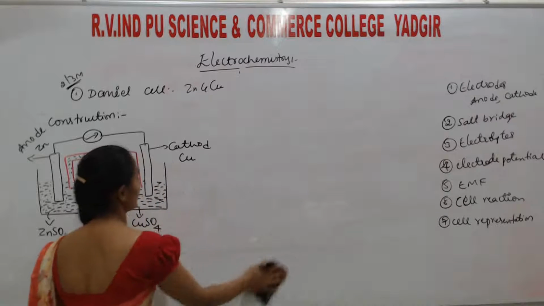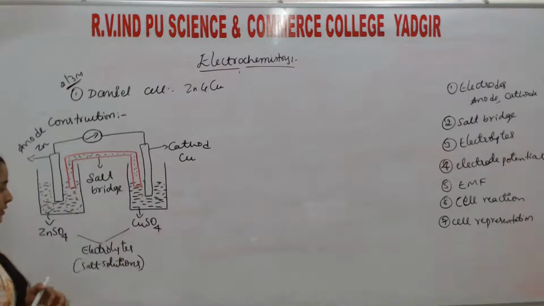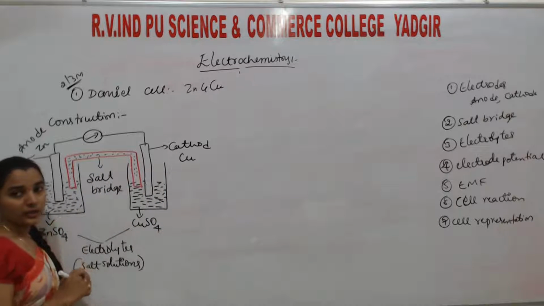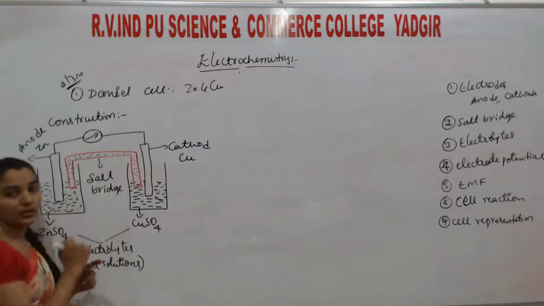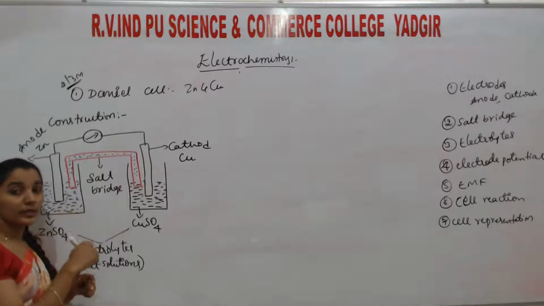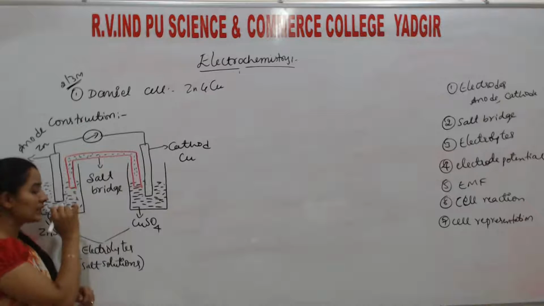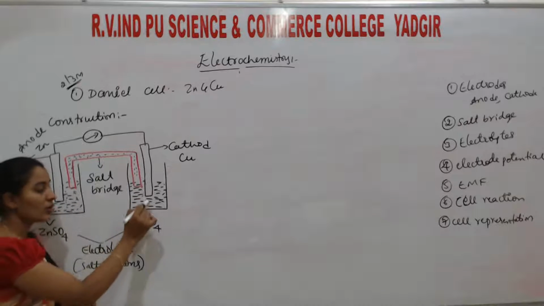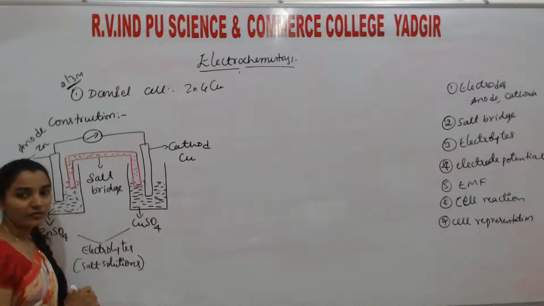What about working? So how is the construction? Listen. Two metal rods are taken, one is zinc, another one is copper, dipped in their respective solutions. Zinc is dipped in zinc sulfate solution, copper is dipped in copper sulfate solution.